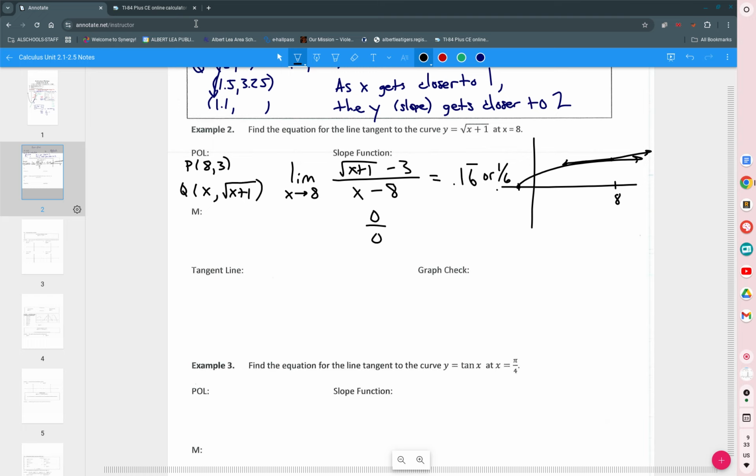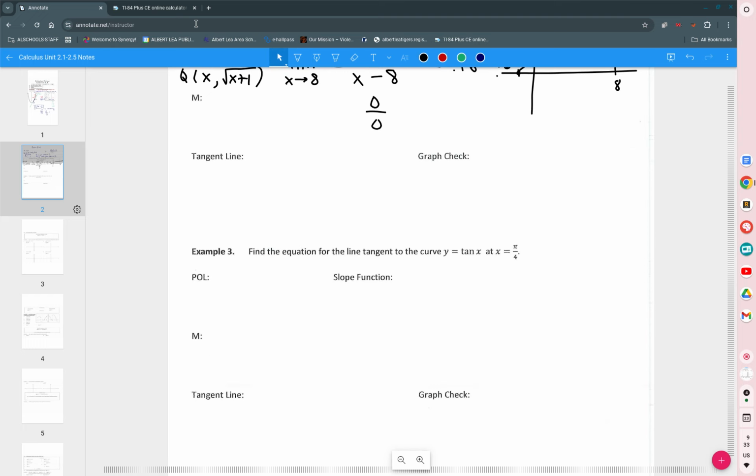Let's write the equation for the tangent line. What two things do you need in order to write an equation for a tangent line? Slope is 1/6. What is the point that it goes through? It touches at 8,3. So we will go ahead, y minus 3 is equal to 1/6 times x minus 8.